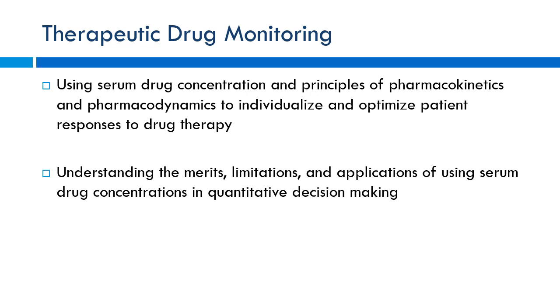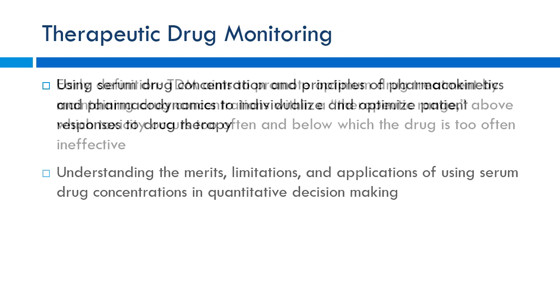I'm taking that information, defined from populations, and applying it to a single person. Is that person going to be exactly the same as the population I'm pulling from? Often no. Every patient's a little bit different in their own way. So we're trying to individualize care, so that one patient getting vancomycin for an MRSA infection gets a different dose than their neighbor in the next bed over who has very different kinetics. We're going to look at why that is.